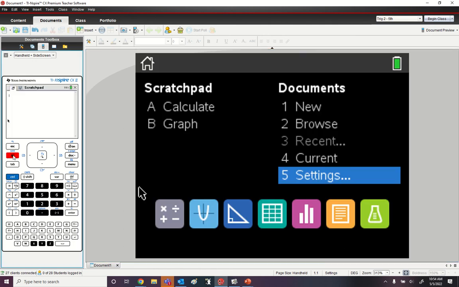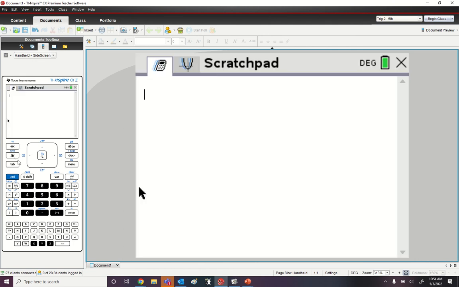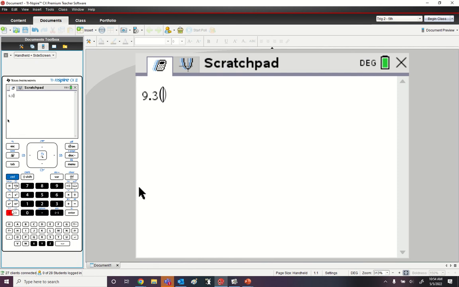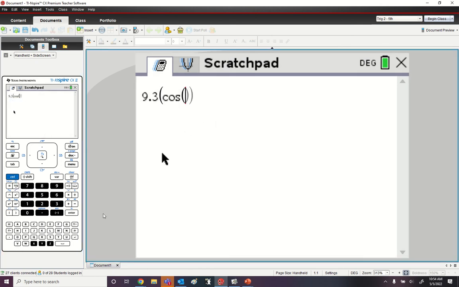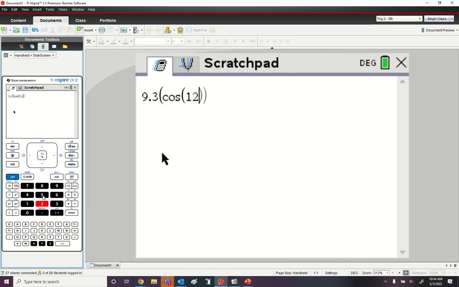I'm going to go back to my scratch pad, and it is 9.3 CIS. So for this, you go 9.3 open. Remember, CIS stands for cosine I sine. So cosine of 125.2 degrees.